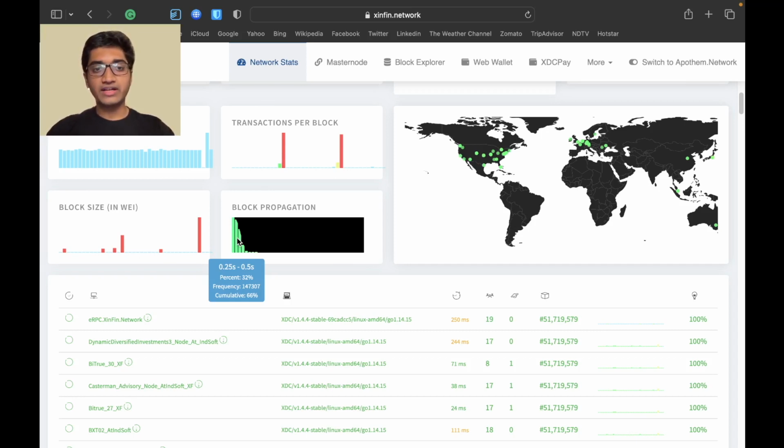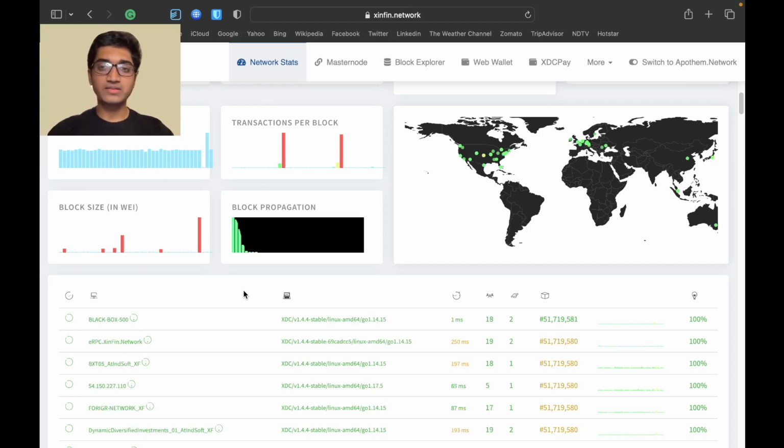So it shows that the speed at which a block propagates can be sliced into this. And you can see that by around the 2 second mark, all of them have received the new block. So that means that if a block is created at time t equal to 0, 2 seconds after that, every single full node on the XDC blockchain will have that block.